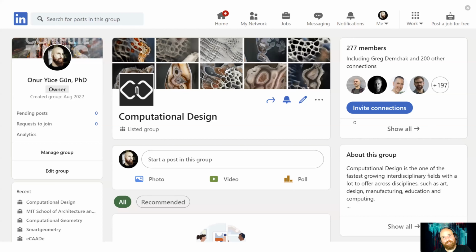With that, I also started a computational design team on LinkedIn. It's been, I think, 3 days. This is the third or fourth day since I started, and I really didn't advertise it that much. And we have, actually, it's we, sorry, it's not I, it's us, 277 members. I am expecting this to become one of the really important hubs in computational design, in which we are going to share a lot of knowledge.